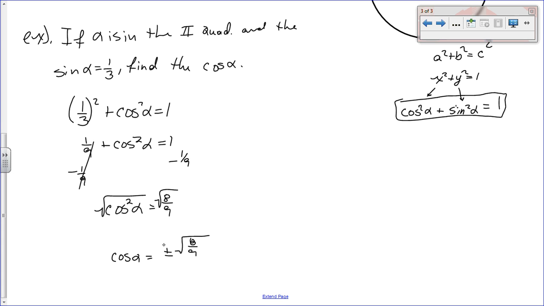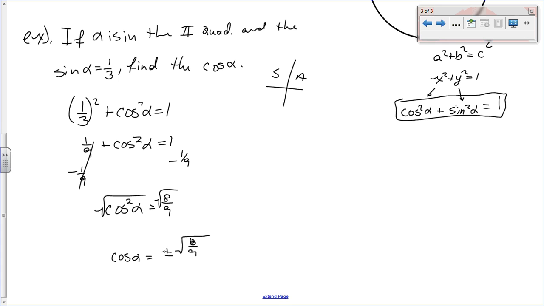Now, how do we know if it's the positive one or the negative one? Well, that's where ASTC comes into play. We know alpha is in the second quadrant. So if you set it up real quick, you have A, S. Only sine is positive in the second quadrant, so that means our cosine is going to have to be a negative number.